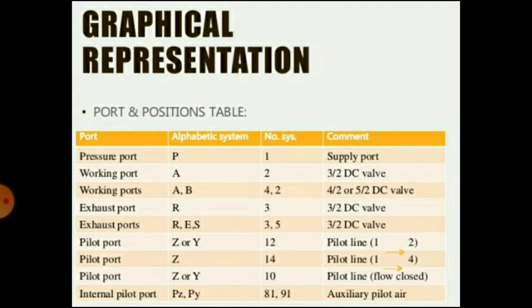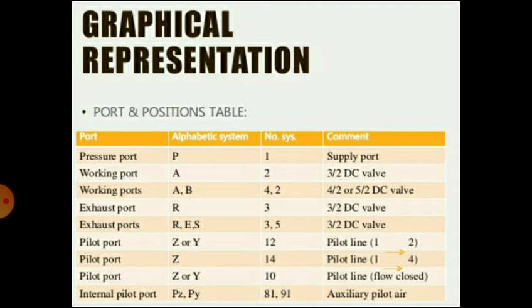In the first column, there are ports. Then in the second column, the alphabetic system that is used to indicate ports and positions. Then the number system and the comment on those ports and positions. First is the pressure port.